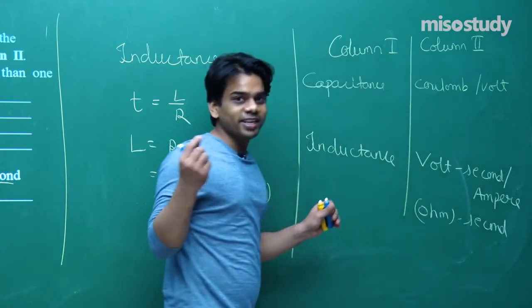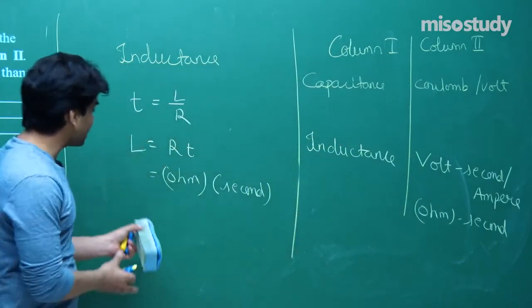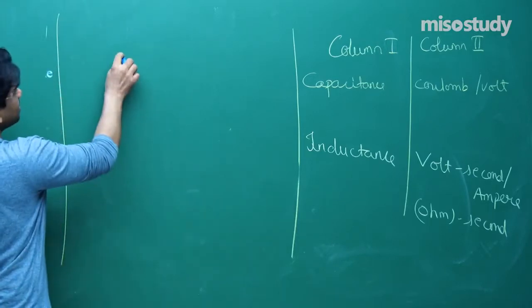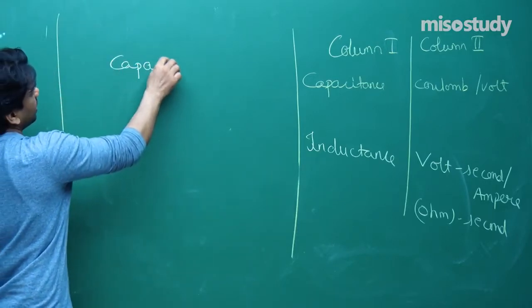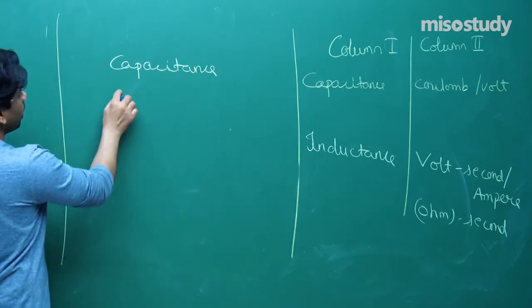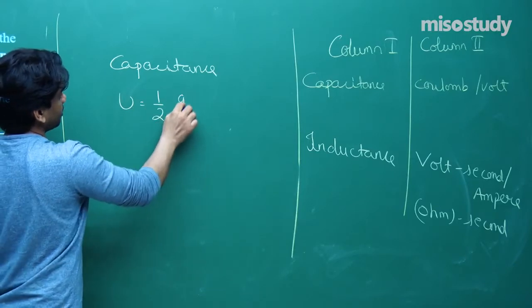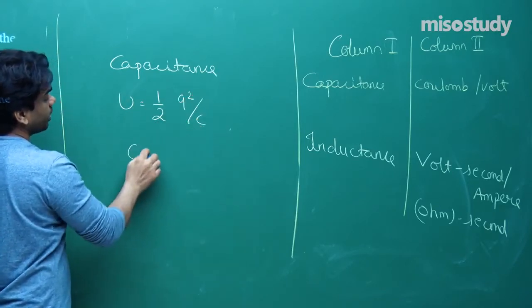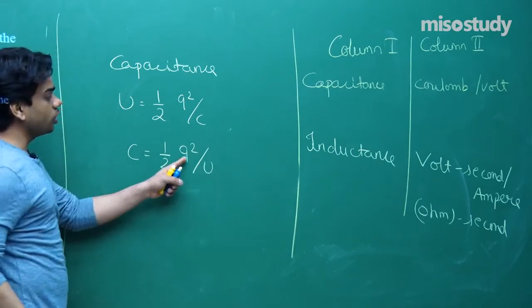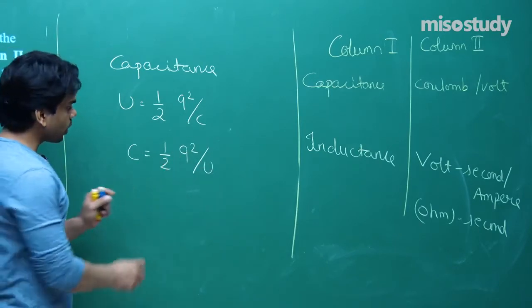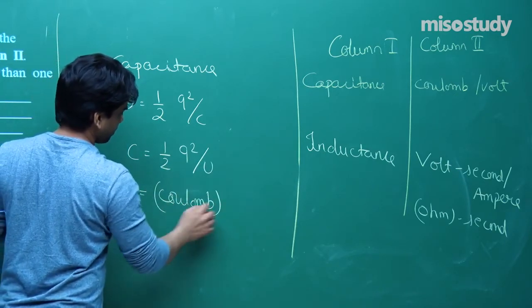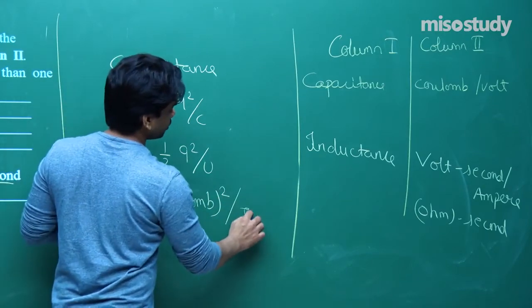Now before proceeding, for capacitance, once again we'll have a quick recap. I use the term for energy: half U equals half Q square by C. This is what we have gone through. C came out to be half Q square by U, so this can be written as Coulomb square per unit joule.